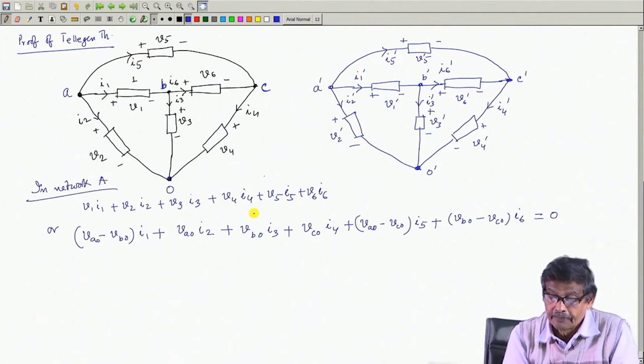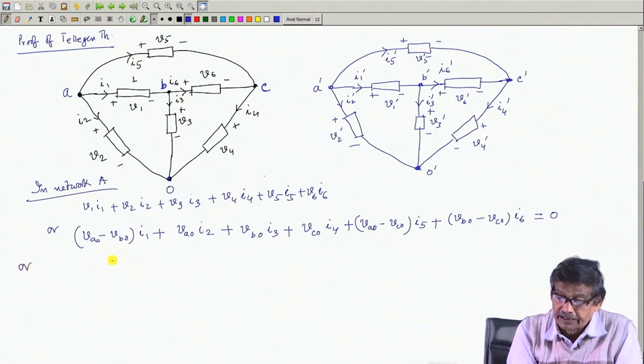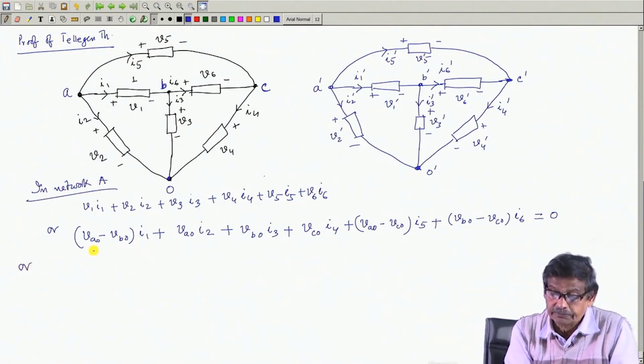This is the thing. Now, what I will do is this, I will collect the terms of V_A0, V_B0, V_C0 separately.